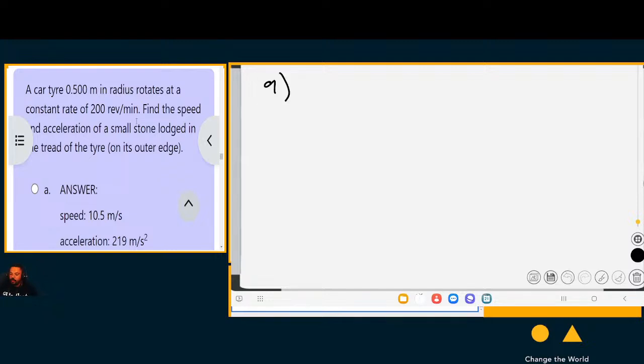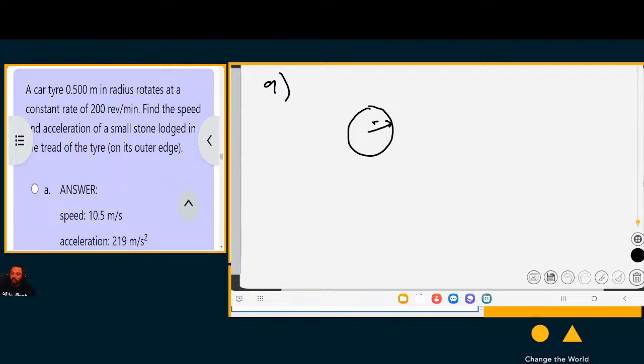Question number 9. If there are any questions, please just raise your hand so I can answer them. Simple circular motion. We have number 9, a car tire. This is the radius.